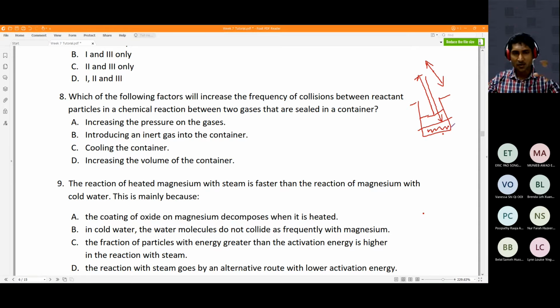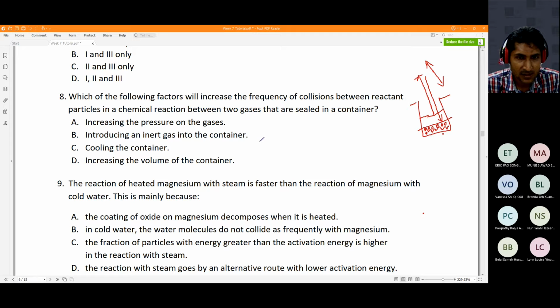Volume decrease means the concentration increases and the pressure of the gas increases. So the particles are more nearby, and they have no choice but to bump into each other. When there is a big space, they probably will bump or probably will not. But when there is less space, they have to bump into each other. So it will increase the pressure of the gases in a sealed container.